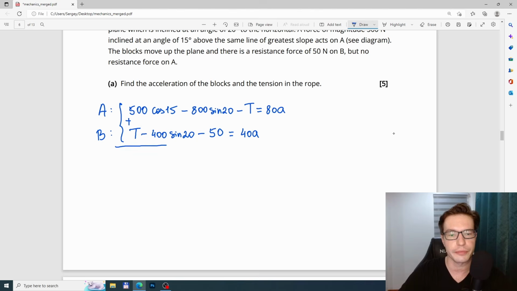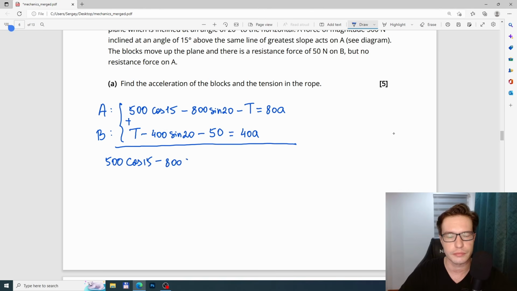Tension will cancel out, and we'll get this. Now divide all of this by 120 and we'll get A.